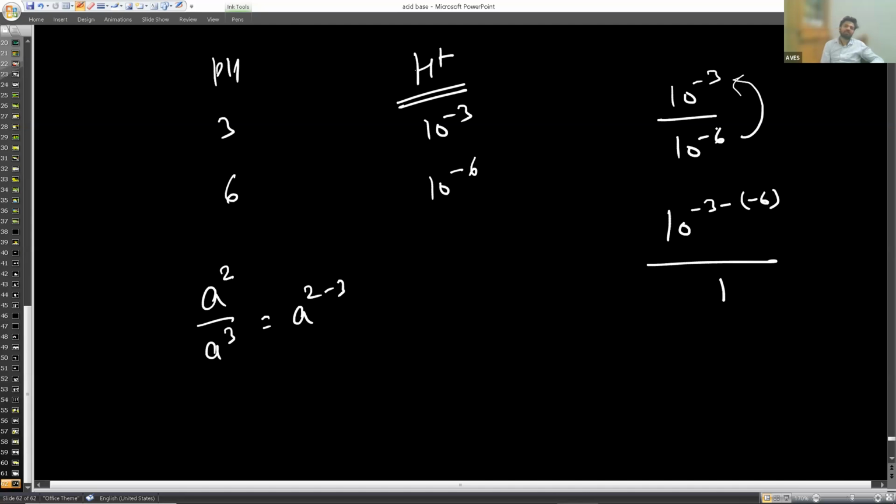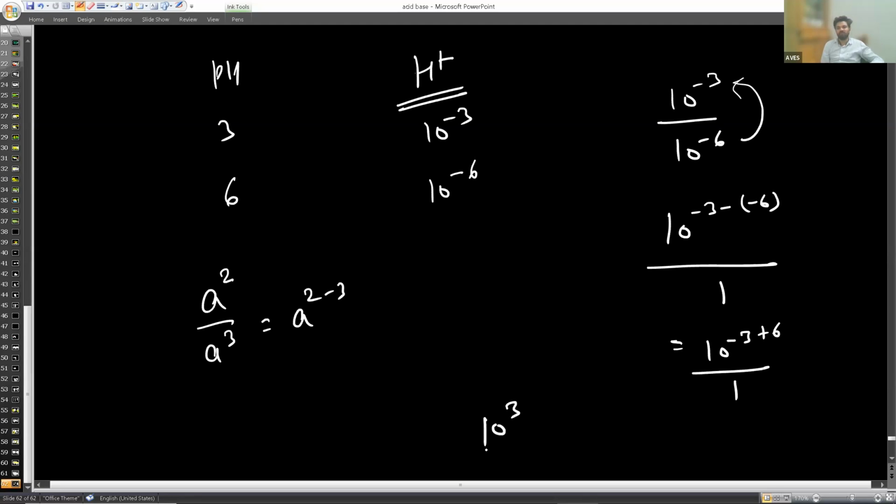Same here, 10 raised to the power minus 3 upon 10 raised to the power minus 6, because it gets subtracted, we get 10 raised to the power minus 3 plus 6 upon 1. So you will get 10 raised to the power 3 upon 1, that is 1000:1.